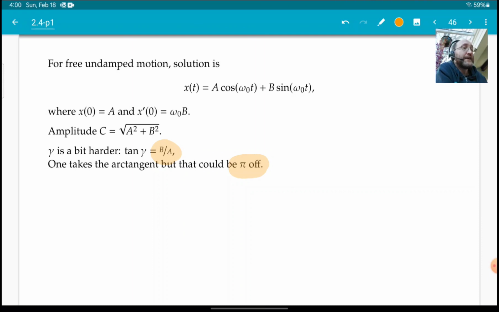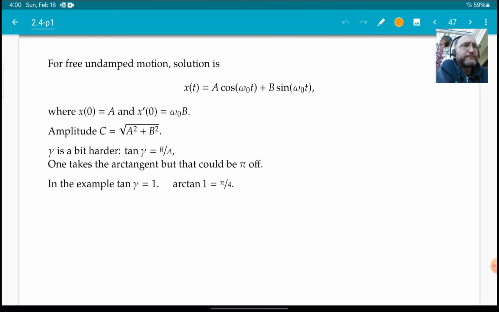If a is 1 and b is 1, b over a is the same as if a is minus 1 and b is minus 1. So you cannot tell between those two, so what you have to do is look at which quadrant you're in.